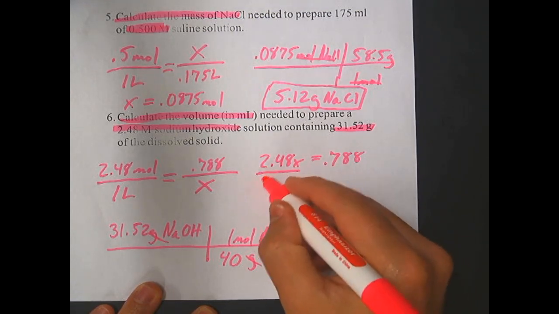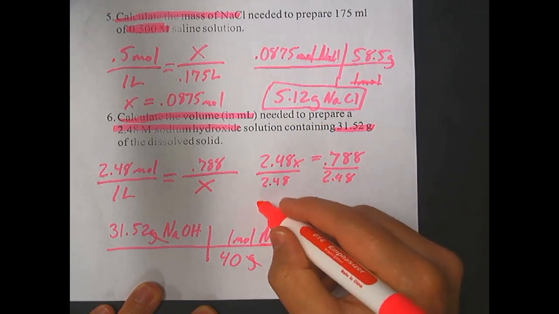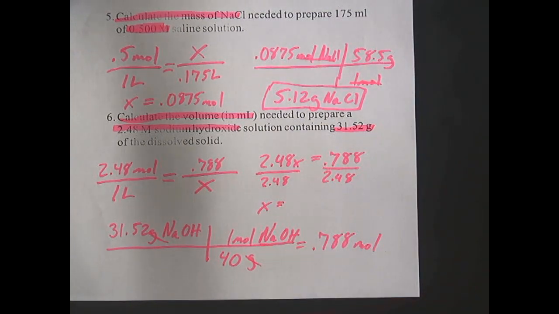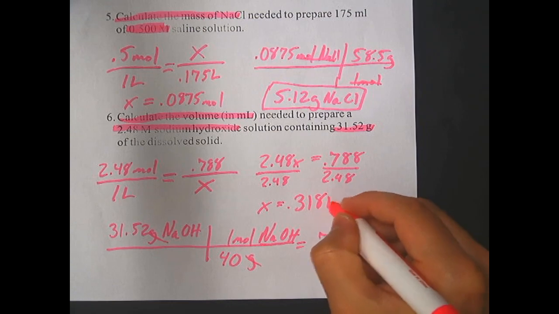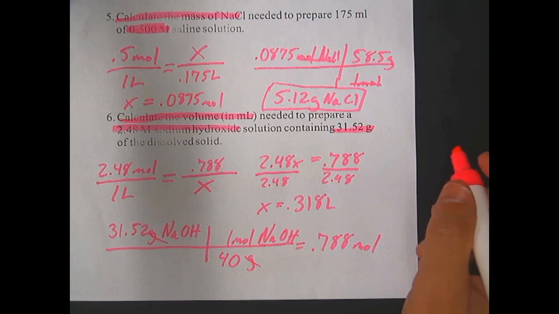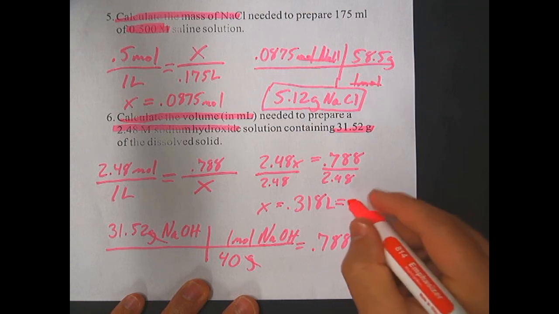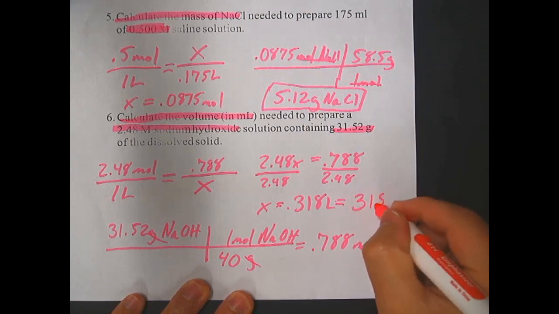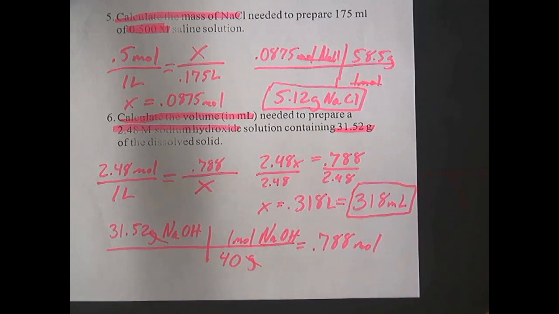Divide both sides by 2.48. x is equal to 0.788 divided by 2.48, which gives me 0.318 liters, which if we want to turn this into milliliters, we times by 1,000 or just move that decimal three times to the right. So our final answer, 318 milliliters. There you go.